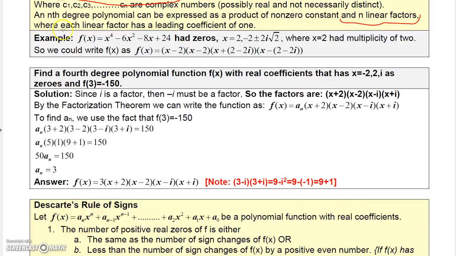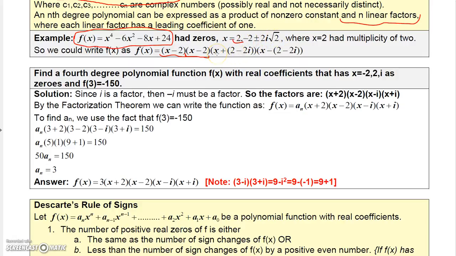So let's look at this example. If you remember this example, we actually had roots, 2 occurred twice. So that would give us these factors, x minus 2 times x minus 2. Or if you want to say x minus 2 quantity squared, but it's x minus 2 times x minus 2. And then we had these two non-real roots.